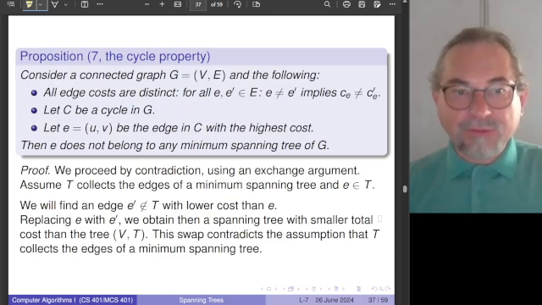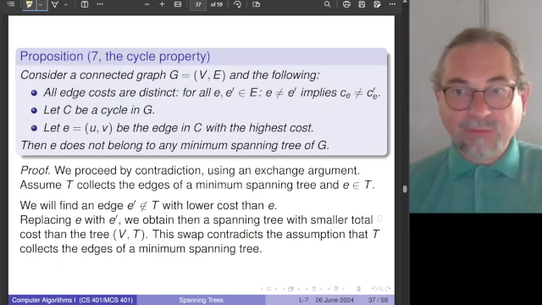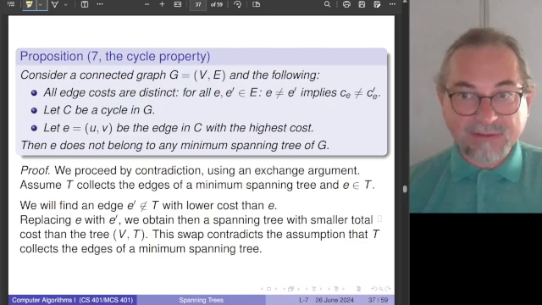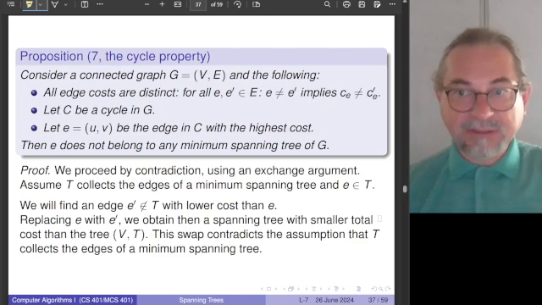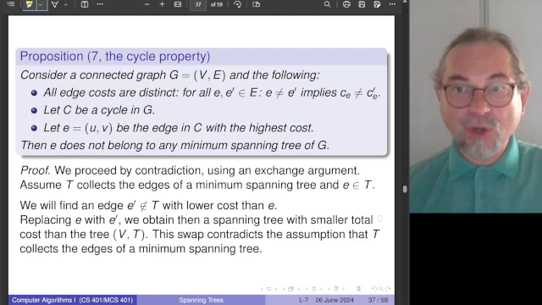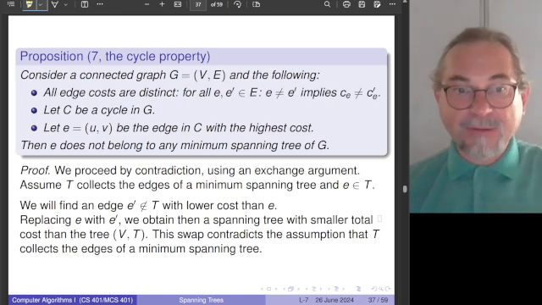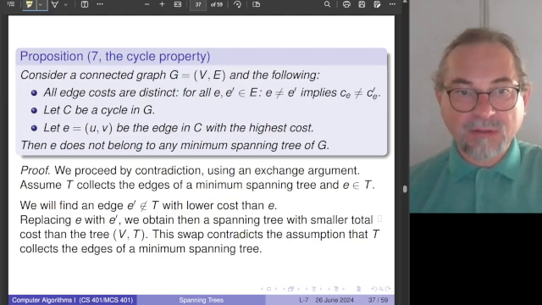So assume that we do have a cycle, and the highest cost edge is actually still in the minimum spanning tree. Then we will show that we can replace it. There is no cycle in the tree, but suppose that the minimum spanning tree would contain such an edge that belonged to a cycle of the original graph, then we can replace it with an edge that has lower cost.